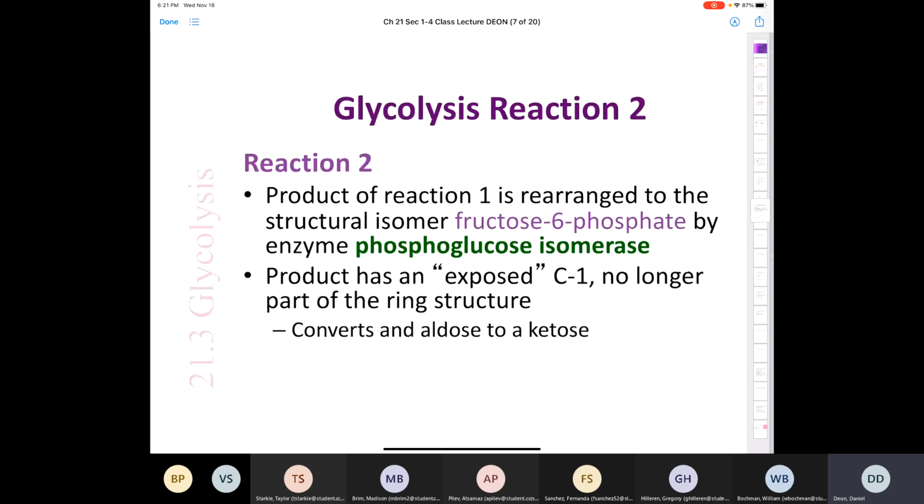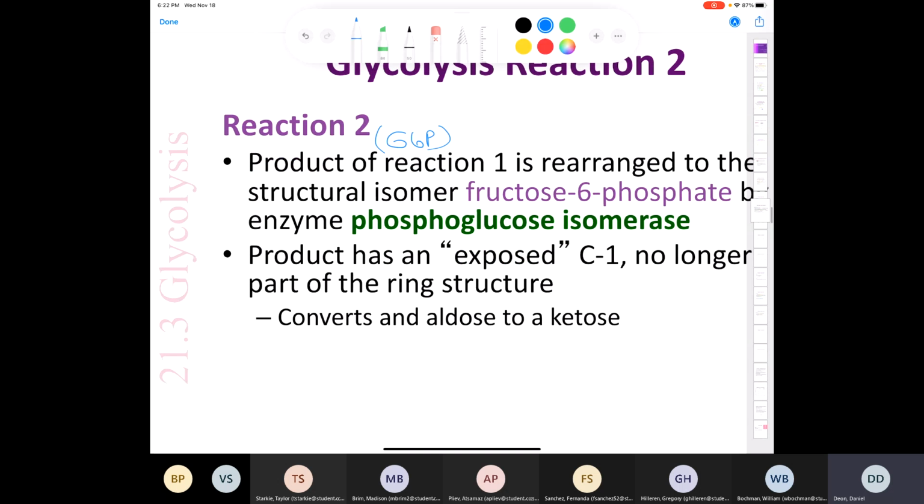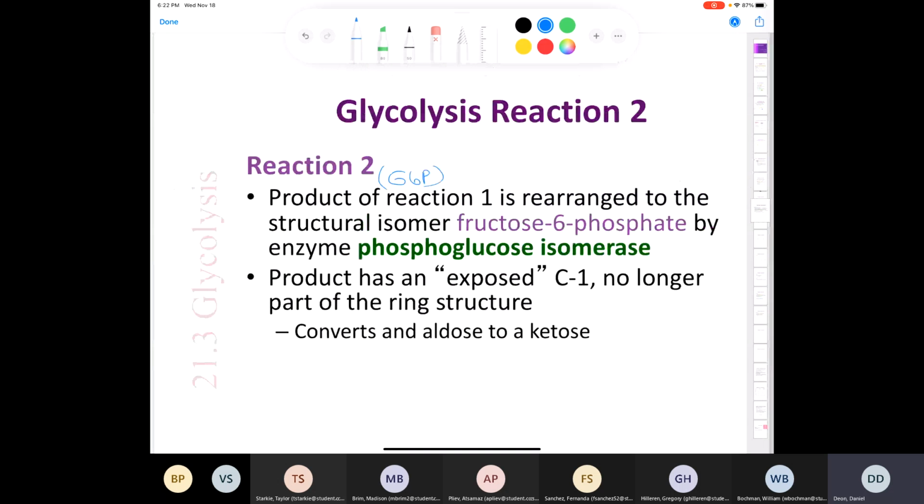Okay, reaction number 2. The product of reaction 1, which was what? G6P, glucose 6-phosphate, gets rearranged to the structural isomer fructose 6-phosphate by an enzyme called phosphoglucose isomerase. Hey, look, even if I didn't ask you to memorize the name of the enzyme, when we take G6P and convert it to fructose 6-phosphate, which we call F6P, I'll just scribble it in there.